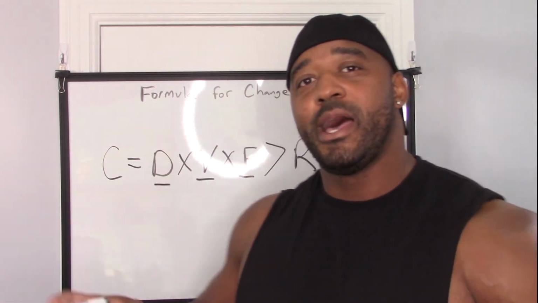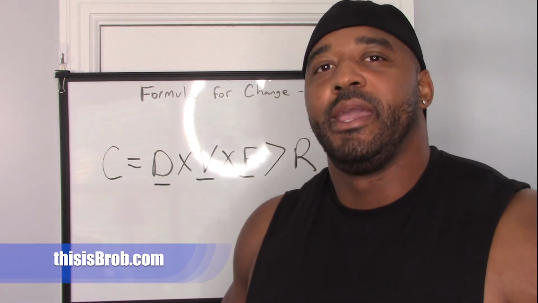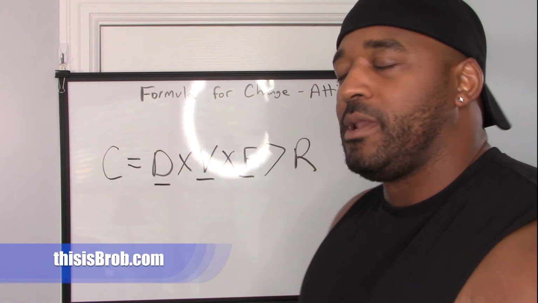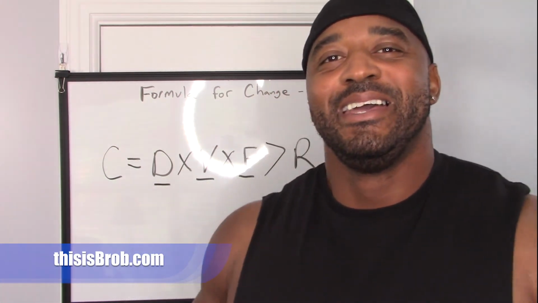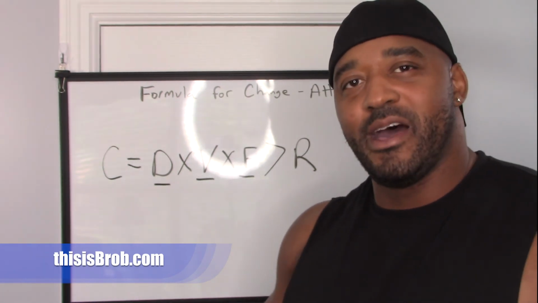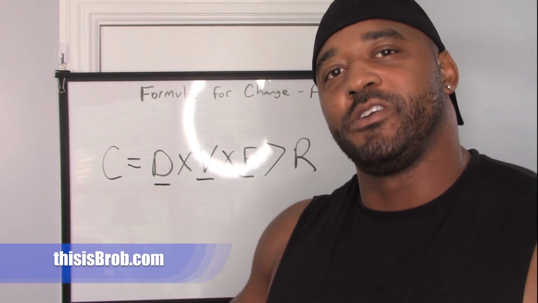And I was able to apply that model to other things in my life because it taught me discipline and it taught me to be consistent with the things that I could visualize. All right, so that's how the formula for change can be applied to your attitude, and that's how you can help get yourself out of certain situations.